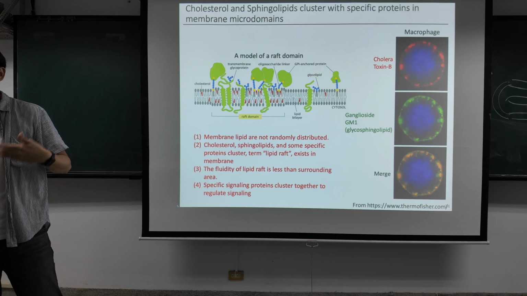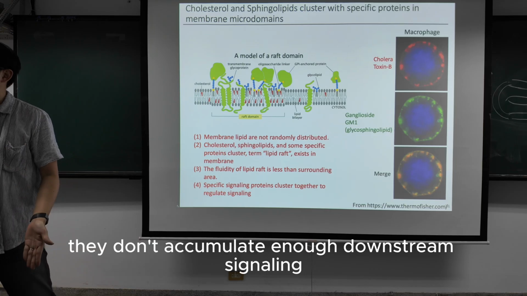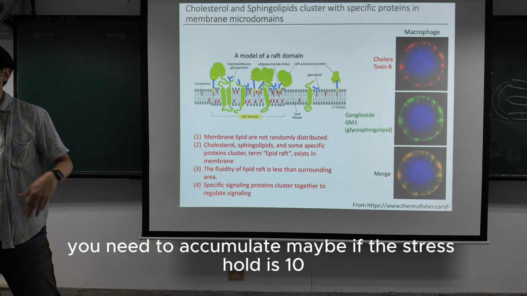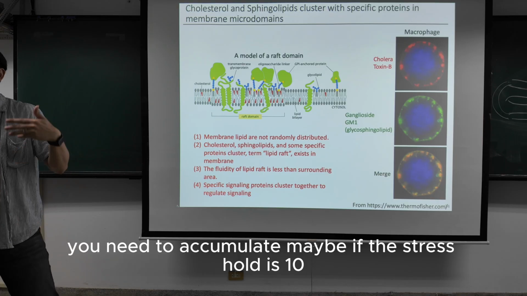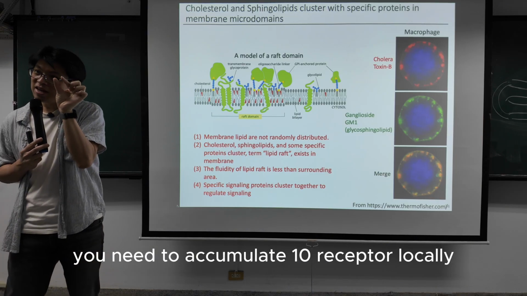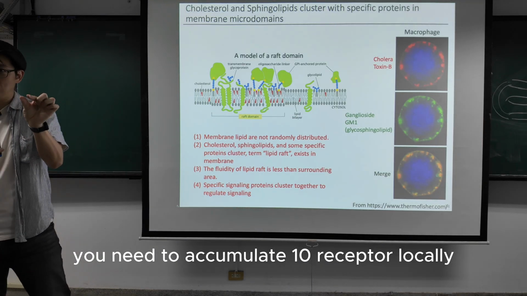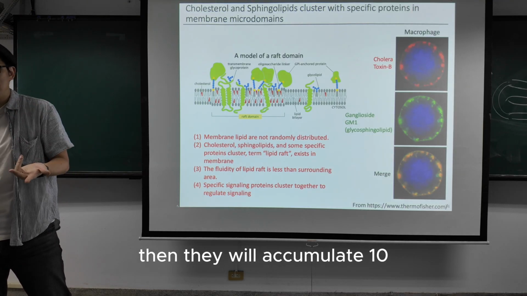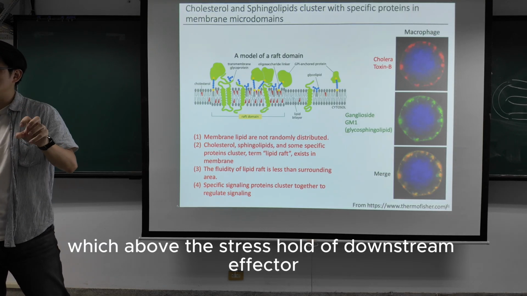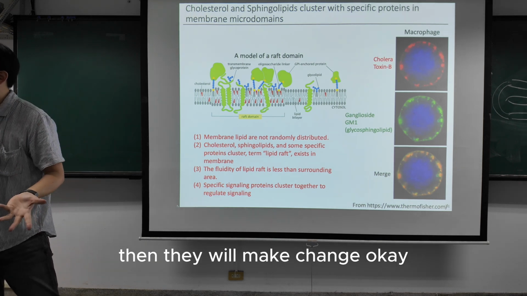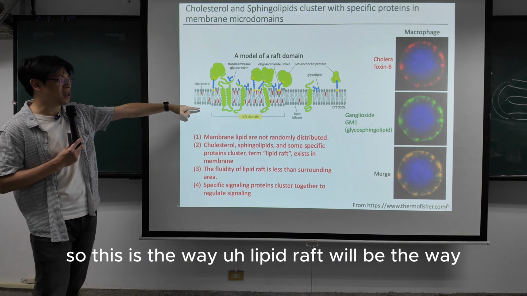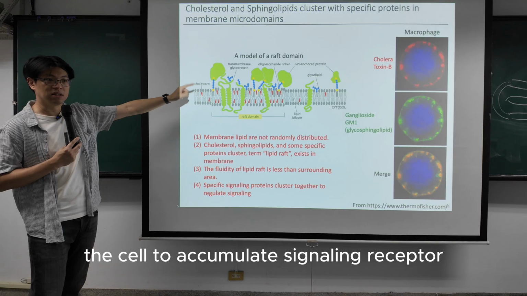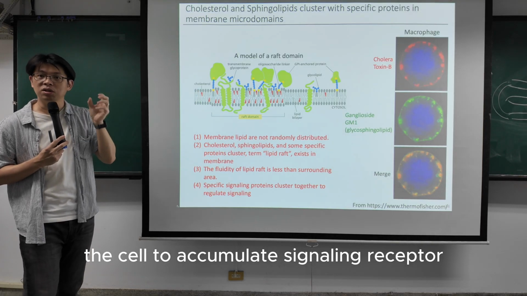There is not enough accumulation for downstream signaling, so they don't make any change. If the threshold is 10, you need to accumulate 10 receptors locally and bind 10 ligands, which is above the threshold of the downstream effector, then they will make a change.